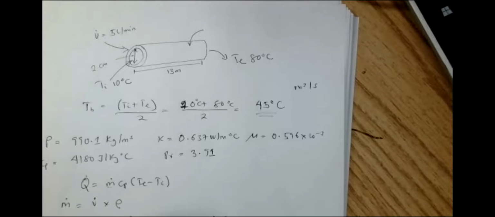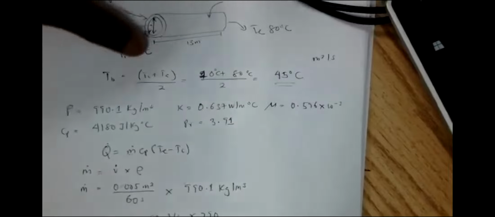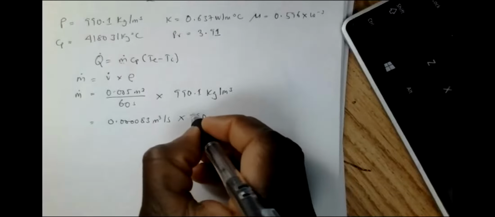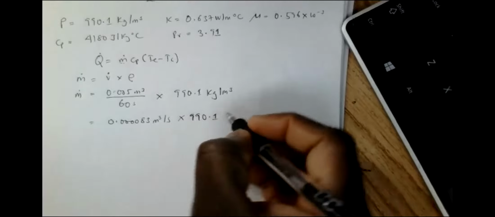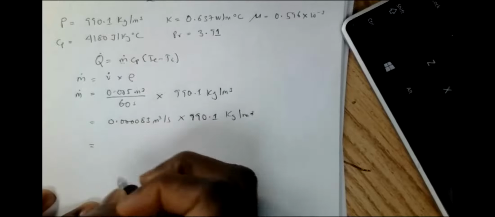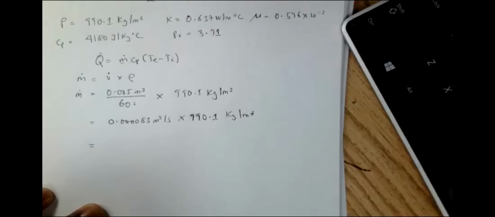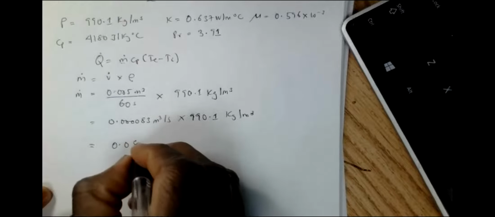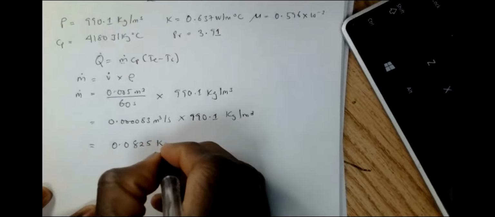So this is 0.0000833 meter cube per second multiplied by 990.1 kilogram per meter cube. And if you evaluate this, we get our mass flow rate to be 0.0825 kilograms per second.